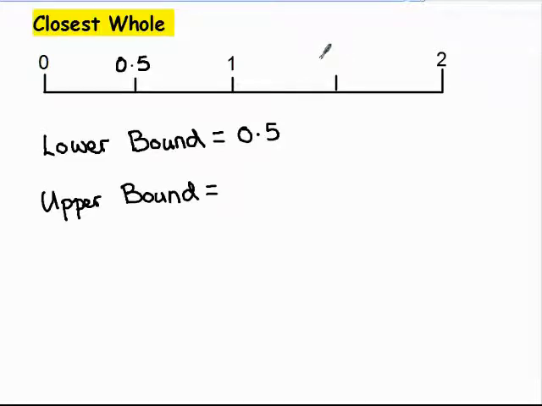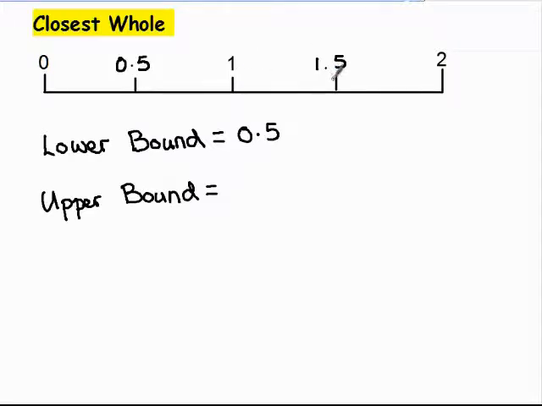But when we get to 1.5, which is halfway between 1 and our next whole number, we'd find that 1.5 is rounded up to 2. Anything bigger than 1.5 would be rounded to 2, but anything smaller than 1.5 would get rounded down to 1.